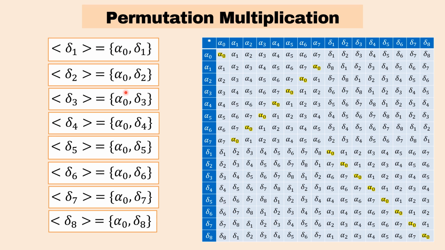Delta 3 generates alpha sub 0 and itself. Delta 4 generates alpha sub 0 and delta 4. Delta 5 generates alpha sub 0 and delta 5. Delta 6 generates alpha sub 0 and delta 6. Delta 7 generates alpha sub 0 and itself. Delta 8 generates alpha sub 0 and itself.